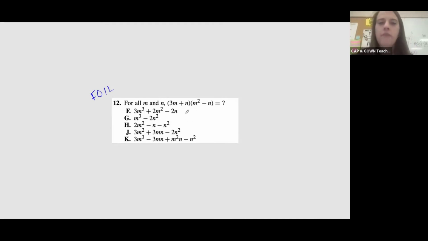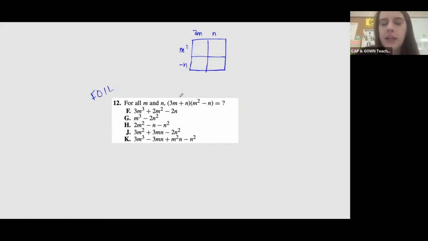Whichever one you're more comfortable using, you can use. I'm going to use box method just because it's easier for me to show you how to multiply. Now I'm going to admit, when I did it by myself, preparing for today's lesson, I used FOIL. So FOIL is probably faster here.